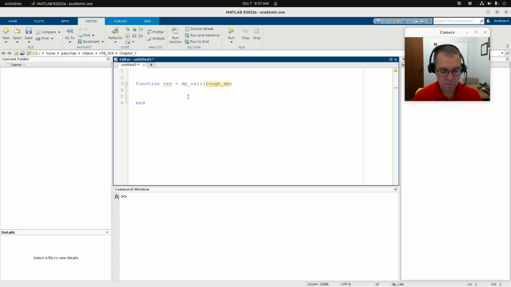Setting up my documentation, this is going to be a function to compute pressure drop in kPa for a given roughness in millimeters for our specific problem.